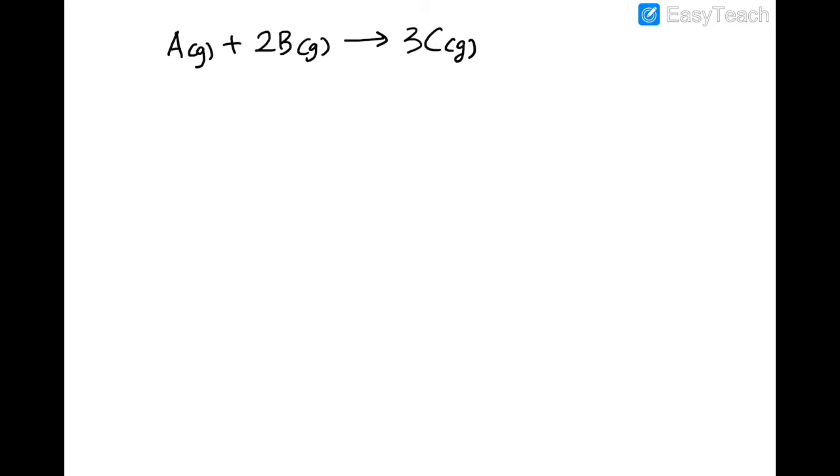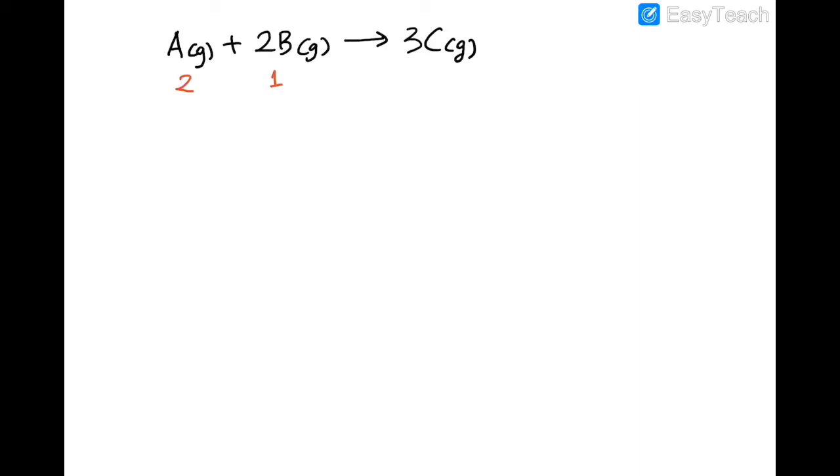Now, coming back to this reaction, you don't always start with 2 moles of A and 1 mole of B in the stoichiometric ratio. Sometimes you have, say, both 2 moles, or sometimes 2 moles of A and 1 mole of B. What happens if you have a non-stoichiometric ratio at the start of your reaction?